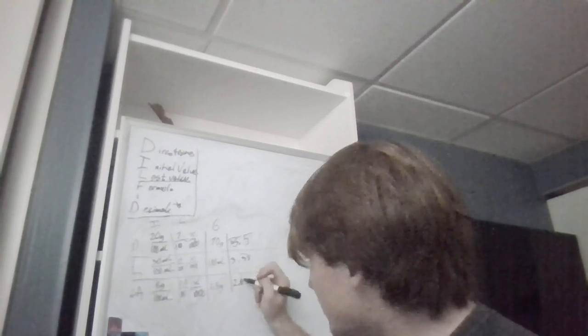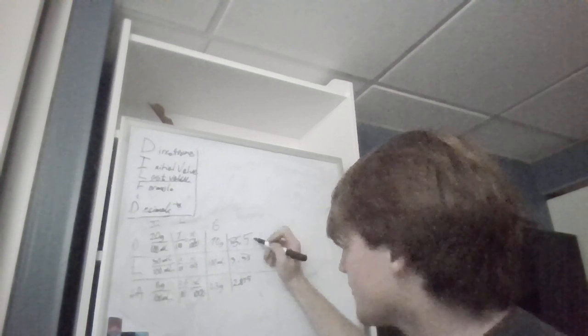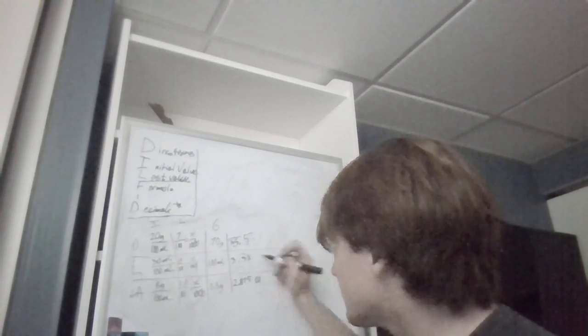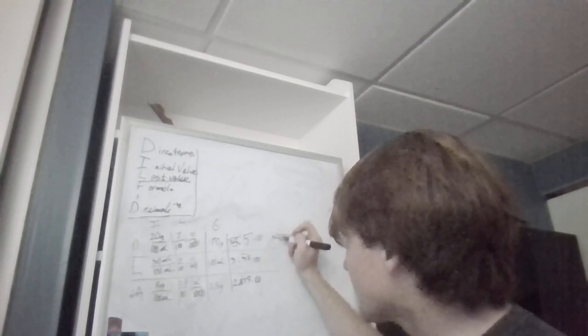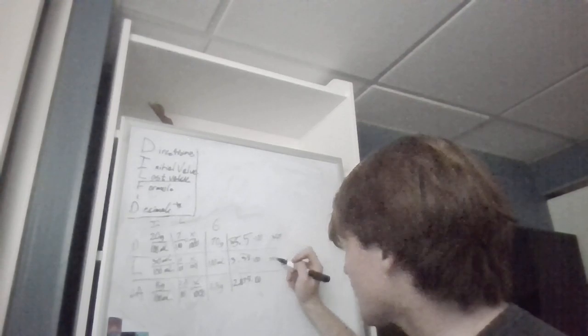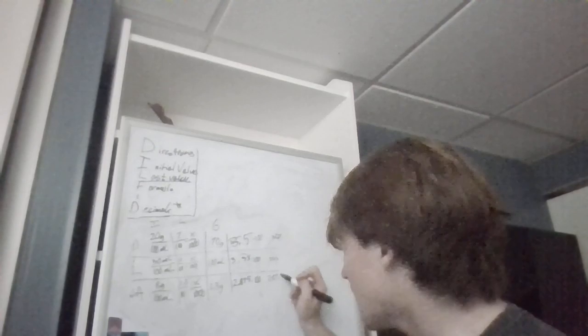Sorry, I zoned out for a second. 23 divided by 8 is 2.875. So these are all our multipliers, and then we multiply each of them by 100. So times 100, times 100, times 100. So 350, 333, and 287.5 is the total volume of each solution that we need.